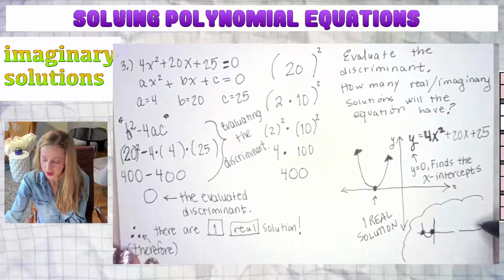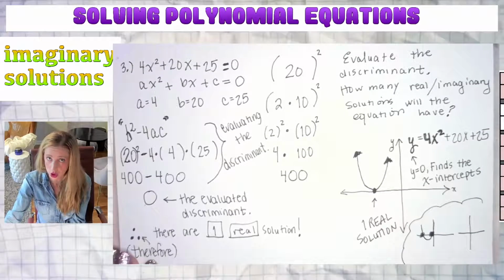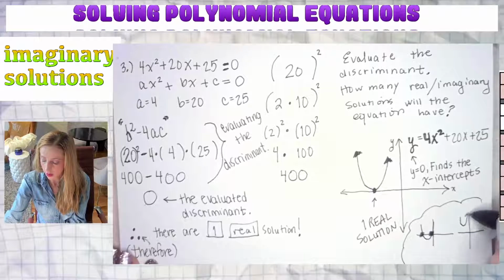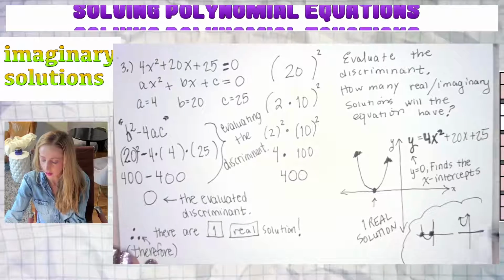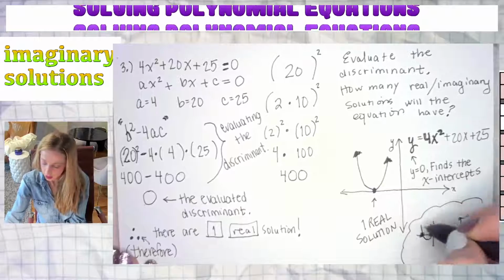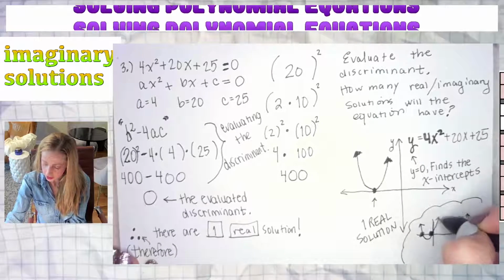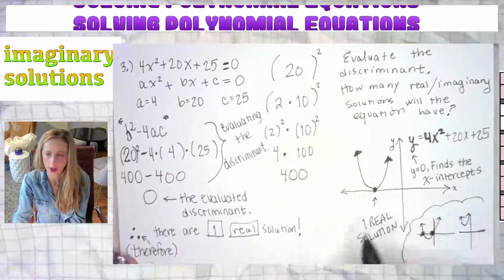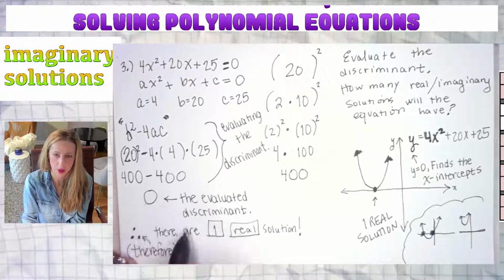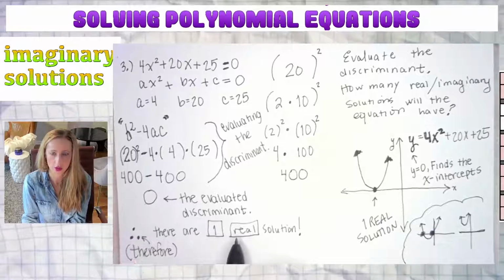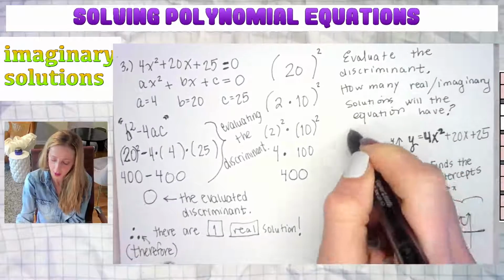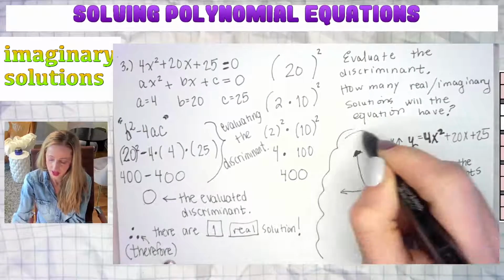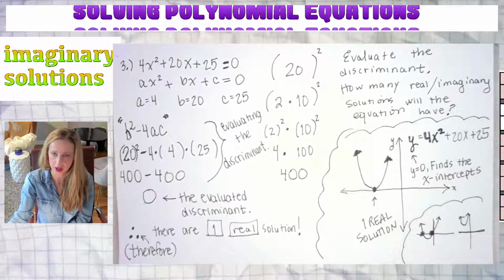And if your graph has two imaginary solutions, that means no real solutions, maybe your graph looks like that. Look, never crosses the x-axis. So we have a couple different situations that could happen. 2, none, 1. We got the discriminant is 0, which we have in our notes, means one real solution. And a little sidebar, graphically, that means you have one x-intercept.